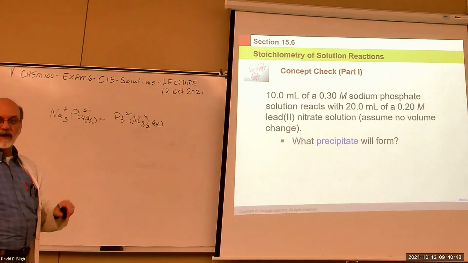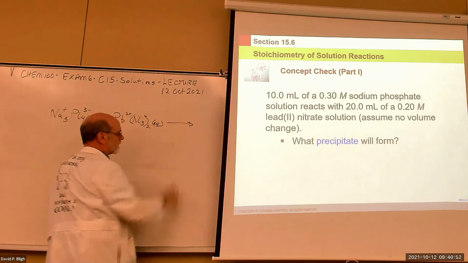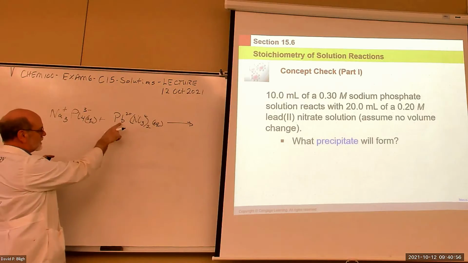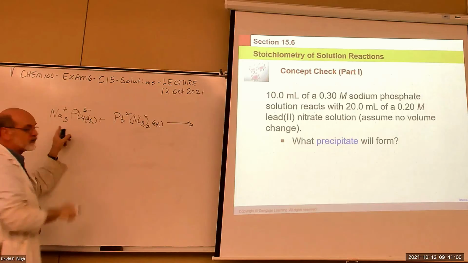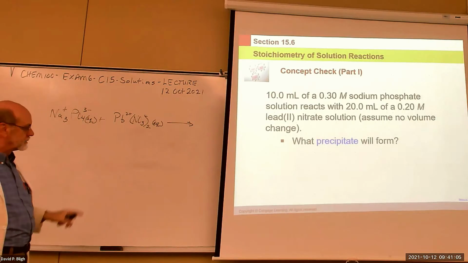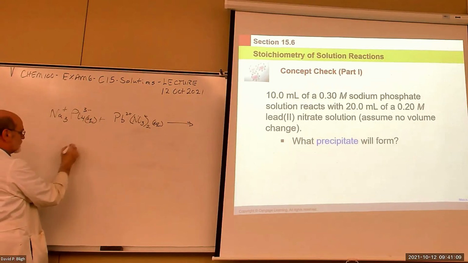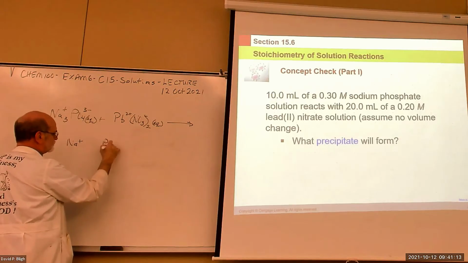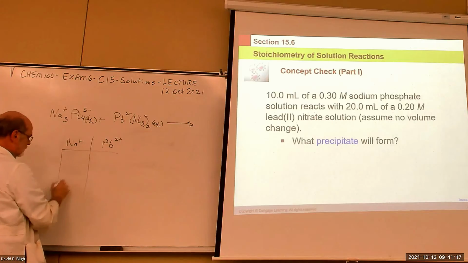How do we know that there's going to be a solid formed? This is known as a double replacement reaction. This one swaps places with that one. And then you see what's the nature of the compound that forms. The other way to do it is you take all your cations, put them across the top, and form a grid.